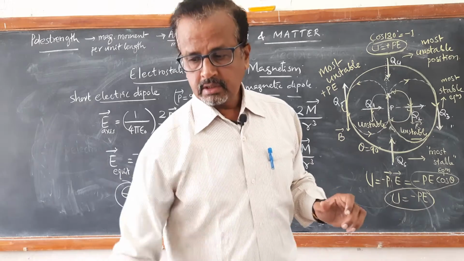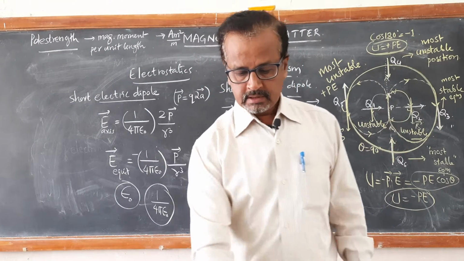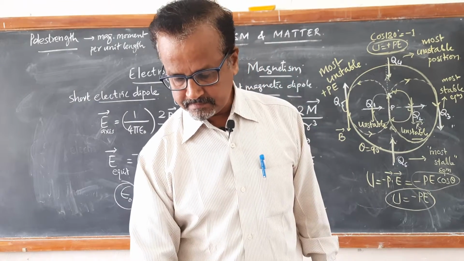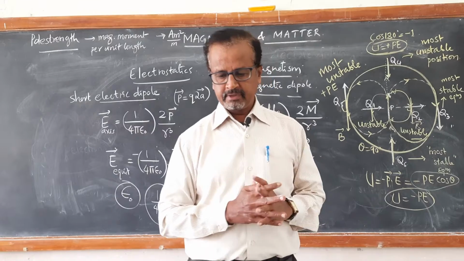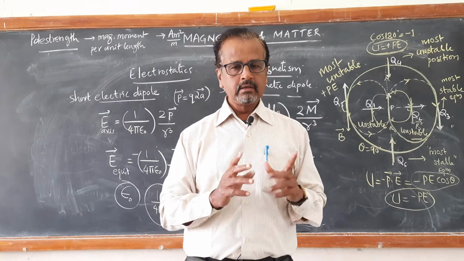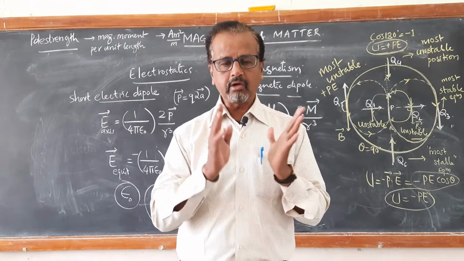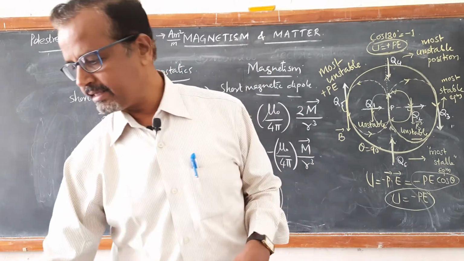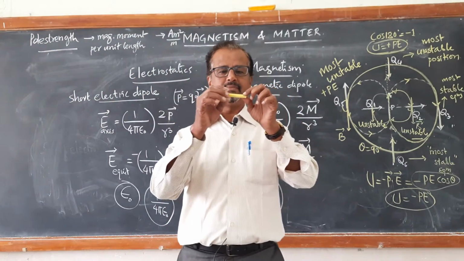Now, let me solve some simple conceptual problems. I will just read the question. What happens if a bar magnet is cut into 2 pieces, one transverse to its length, second along its length? Suppose this is a bar magnet.